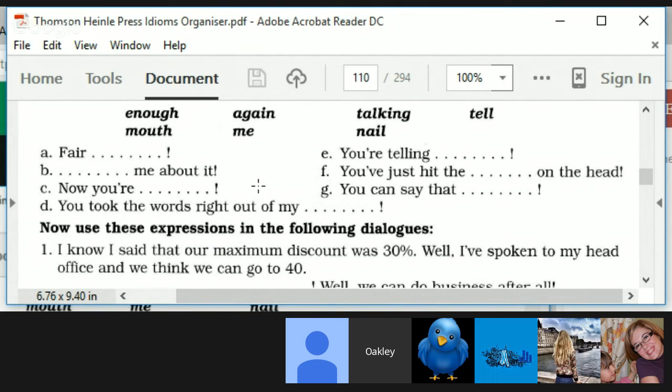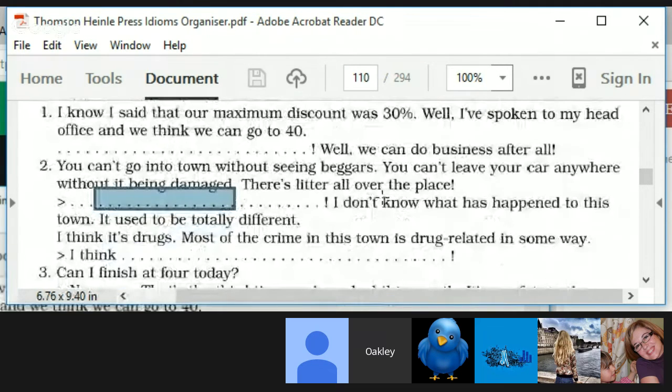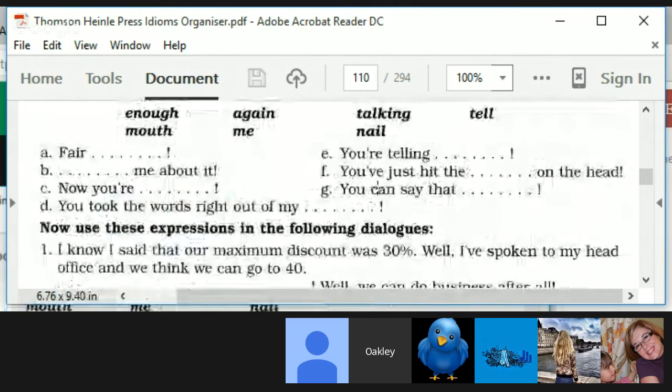It's possible you've just hit the nail on the head. Not quite yet. In this case, he hasn't given a conclusion. He's just agreeing. "Tell me about it," or maybe "You're telling me."